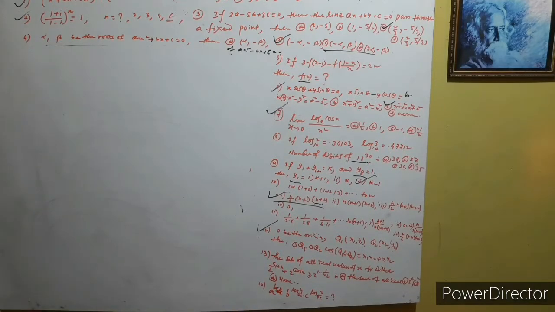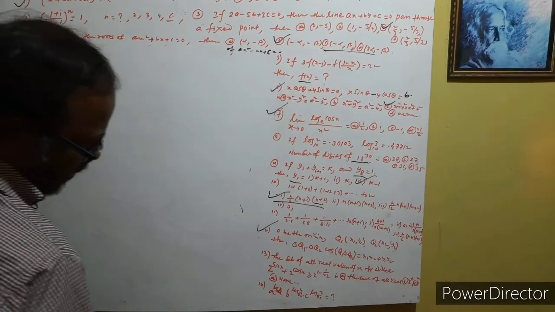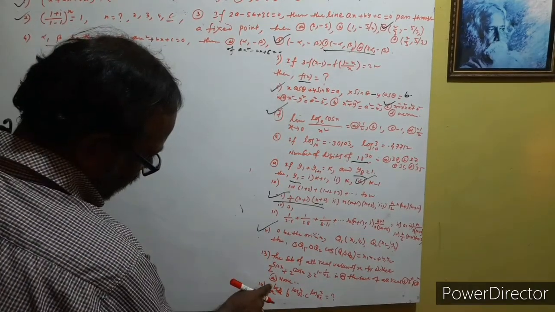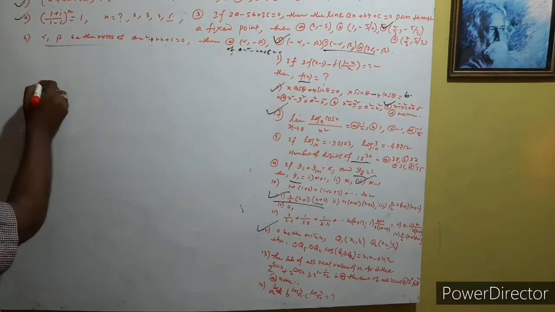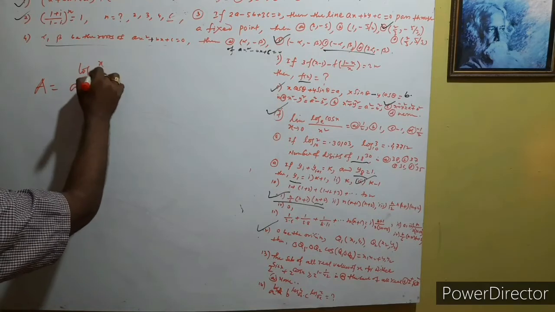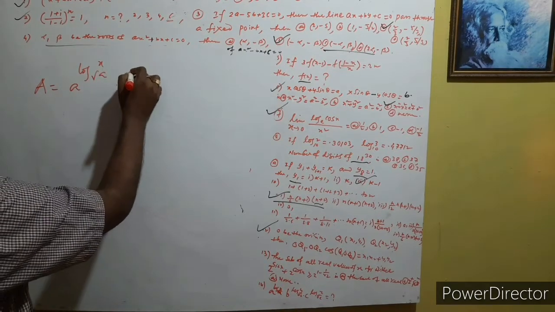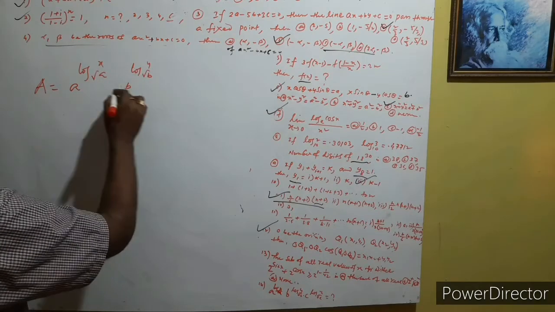And actually this question was missing in my question set. A to the power log x base root 2. So let A equal A to the power log x root 2, B to the power log y root 2, and C to the power log z root 2.